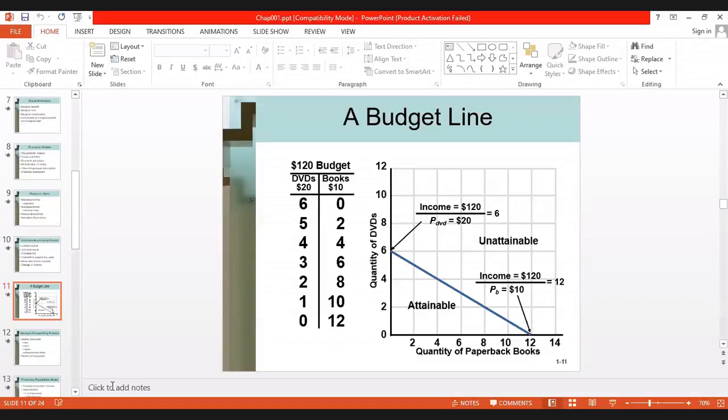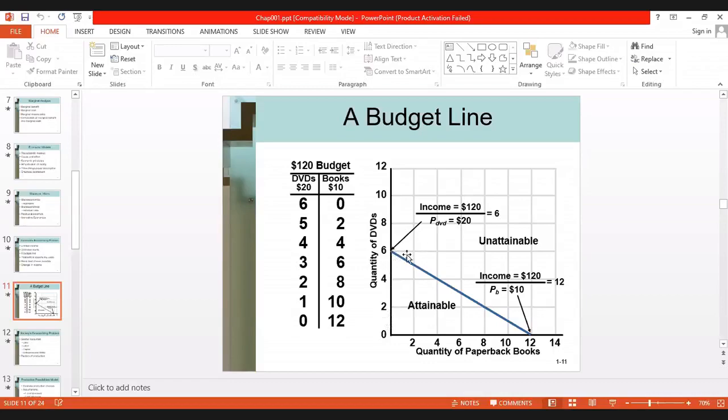Those are unattainable. So now your limit is there. You can select any combination on the budget line or inside it, not beyond the budget line.